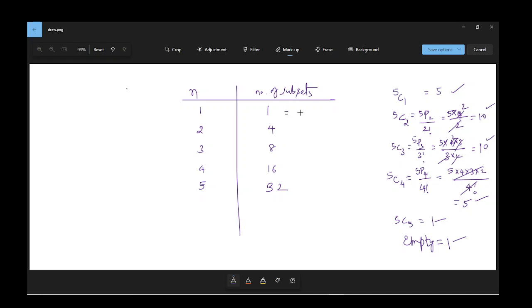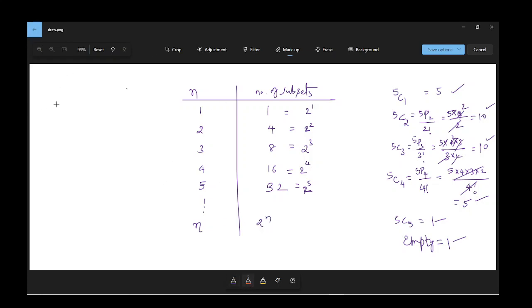So this I can actually write as 2 power 1, 2 power 2, this is 2 power 3, 2 power 4, this is 2 power 5. So generally for n it is 2 power n. So what does it mean?